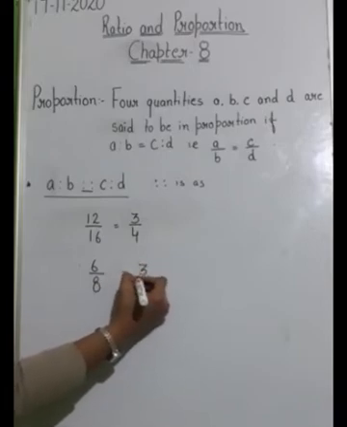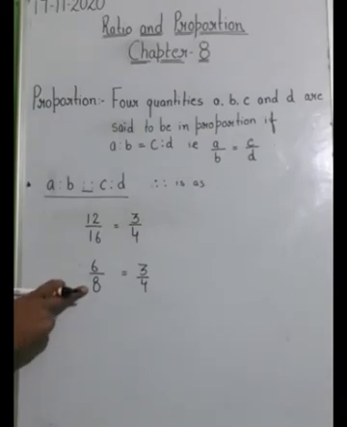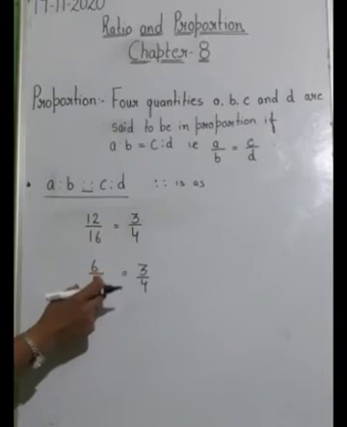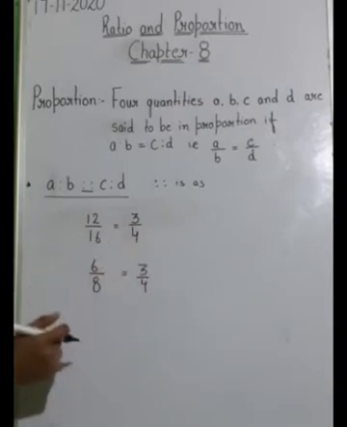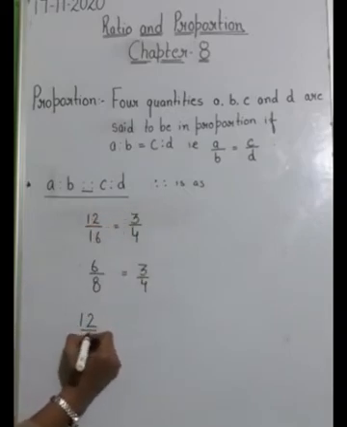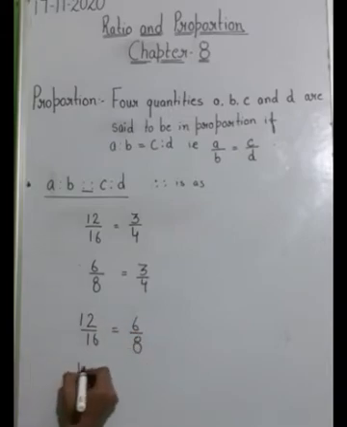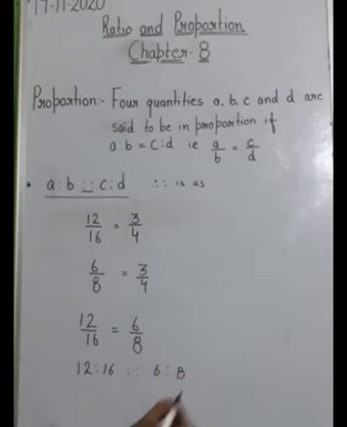It is giving 3 upon 4. 2 3s are 6 and 2 4s are 8. So you can see that the ratios 12 upon 16 and 6 upon 8, after reducing to lowest form, are giving 3 upon 4 only. So from this we get a conclusion, that 12 upon 16 is equal to 6 upon 8, or you can say 12 ratio 16 is as, or proportional to, 6 ratio 8.